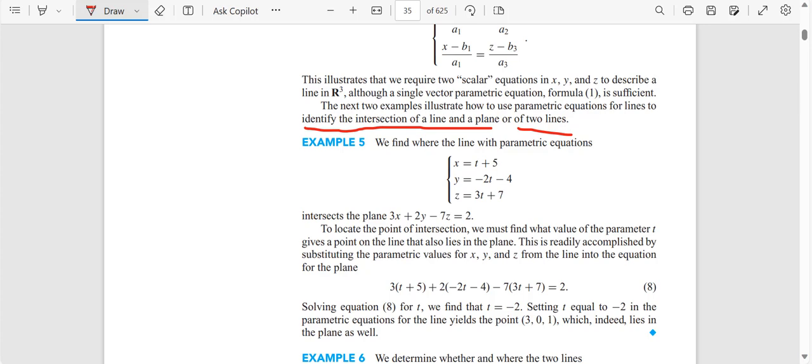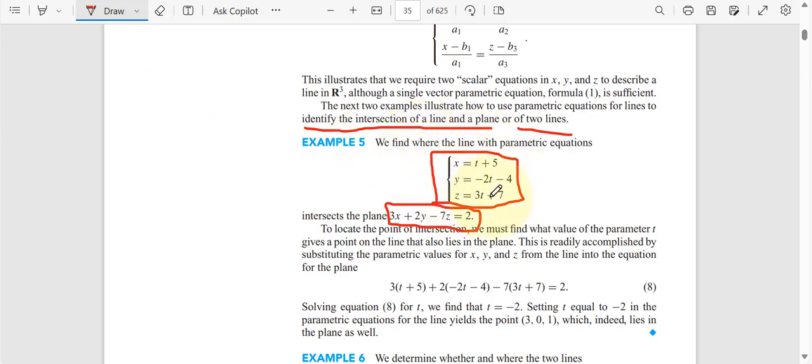They could be parallel. They're going to specify the plane using this kind of form, which I think we discussed already. And then they're also going to give us this, which we've just talked about as the set of parametric equations for a line.